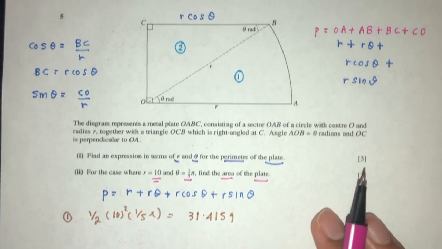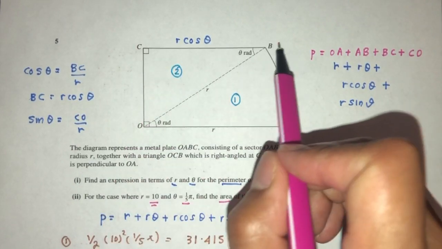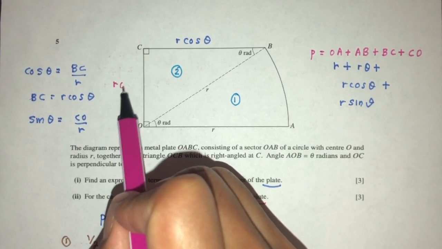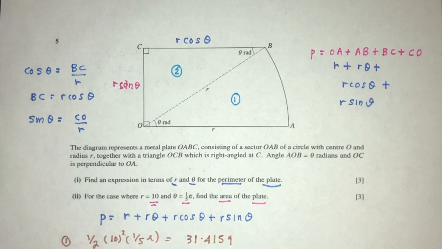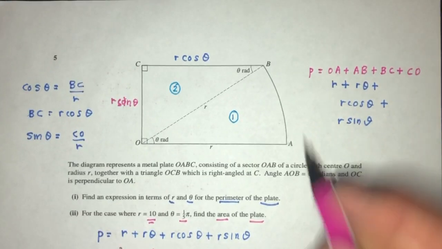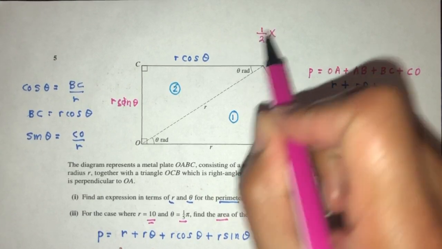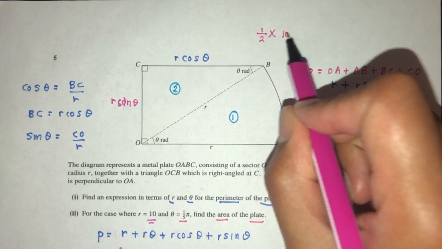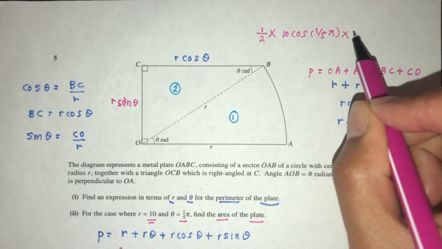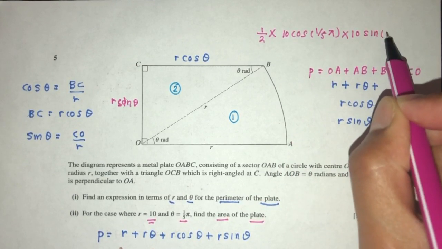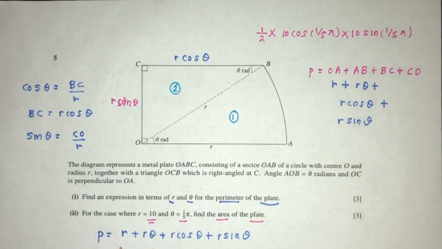Okay, now for number 2, it is also pretty easy. It is the area of a right angle triangle. We know this, we know this as well, which is R sine theta. Now, how do you find the area of a right angle triangle? We can use half times base, R cos theta, which is 10 cos of 1 over 5 pi, times height, which is 10 sine 1 over 5 pi. Simplify.